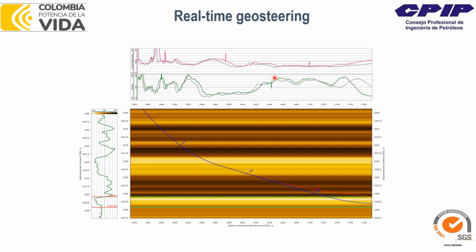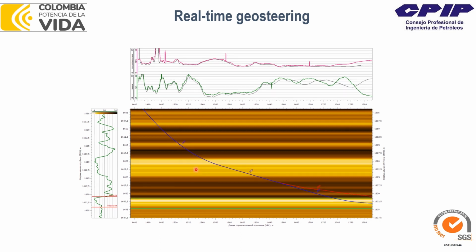So, like in this case, right, we're going to change the geometry of our curtain section to improve the matching of the curves here. Okay, for example, I did a little shift. So you see the curves are perfectly matching here, but there is increasing separation, which means it is not possible to fix with the shift. So we have to try something else here, and we're going to play with the formation dip.